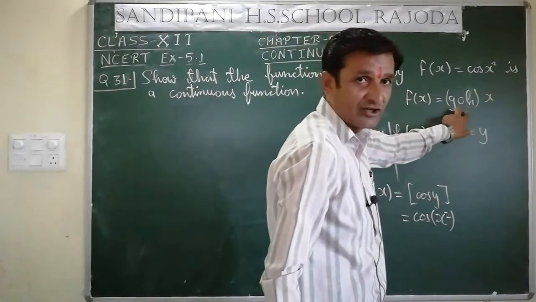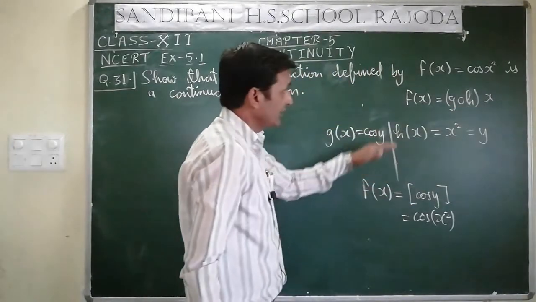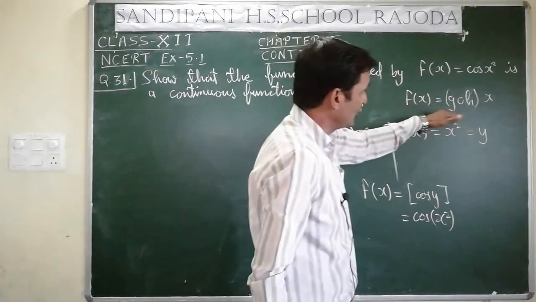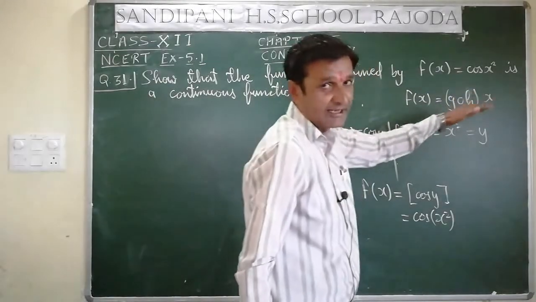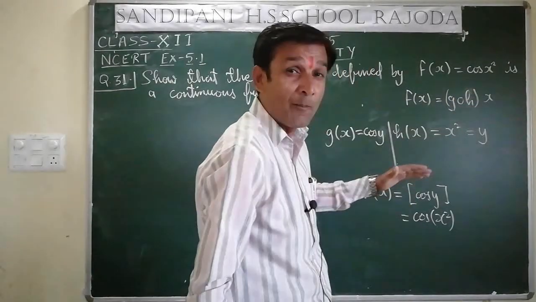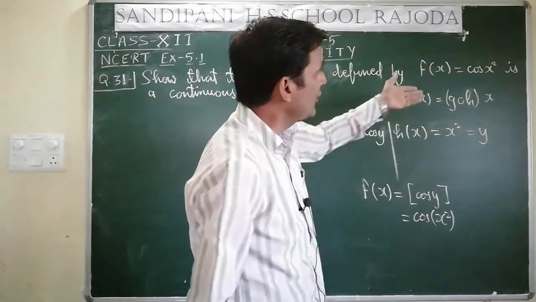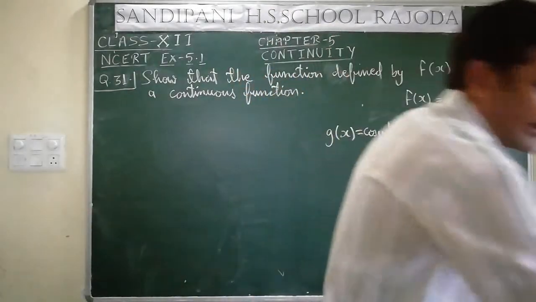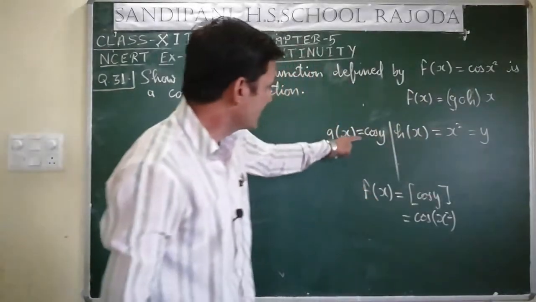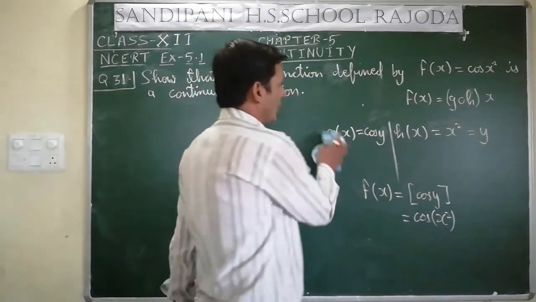For function of function, you may do it by f of x is equal to g o h x by that trick, but it will become complex for you. So you may do it directly also. Directly I am telling you, this is also one way to solve it.